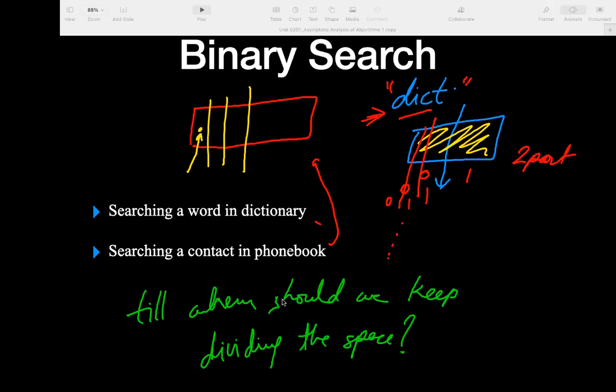So till our range becomes one element. Absolutely correct. Till we reach the word which we are searching for. So we are trying to search for DICT, and we'll keep on doing it unless we reach the place where we have got DICT. And same with phone numbers also.